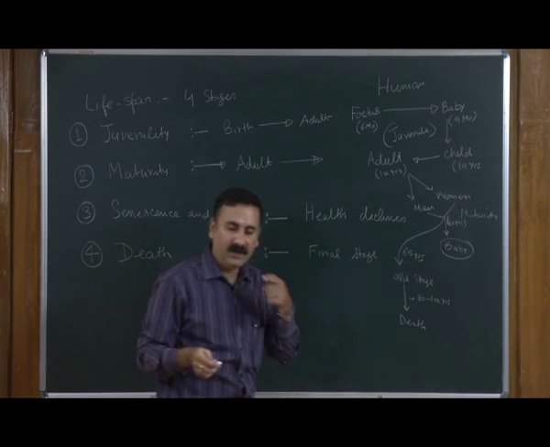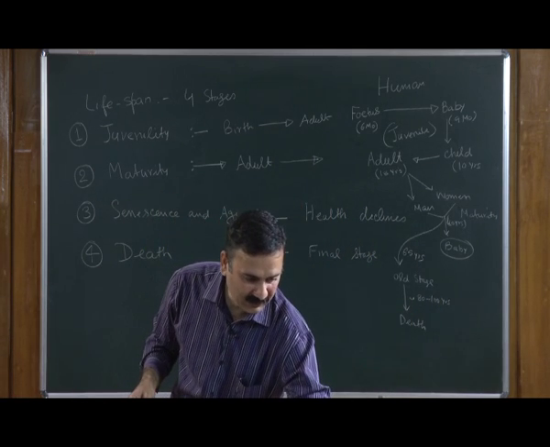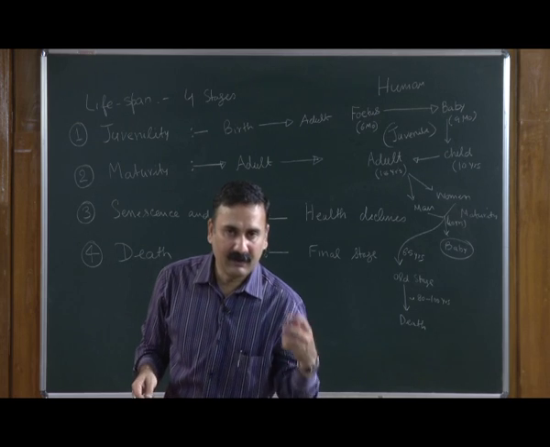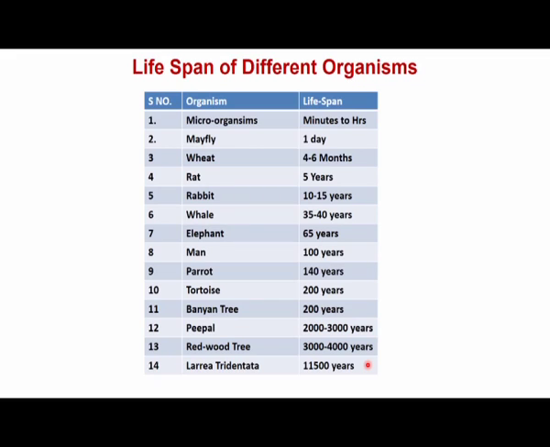If you could have seen in the last slide, humans have a normal lifespan of 100 years. That is an average number given for a human individual.